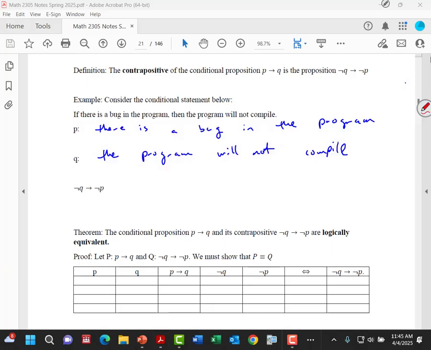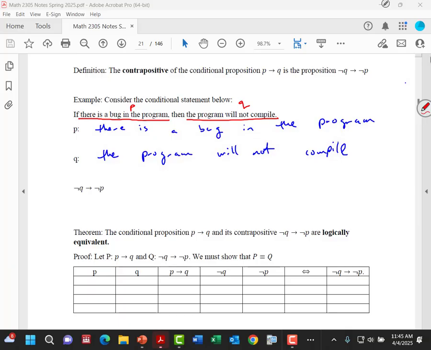So if P, then Q. Now, let's take a look at the contrapositive. Not Q implies not P.